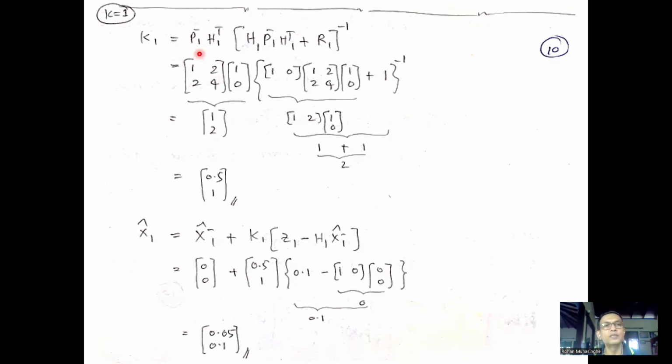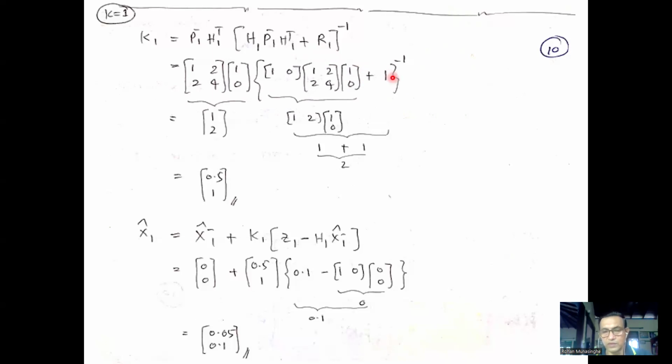Now put the numbers in. We assume P1 minus to be the process covariance matrix itself, that is 1, 2, 2, 4. And the output vector is 1, 0. So when you get the transpose, it becomes 1, 0 column. And then H1, P1 minus, H1 transpose. These are the vectors and matrices, plus R1, the sensor noise covariance, which is just 1.